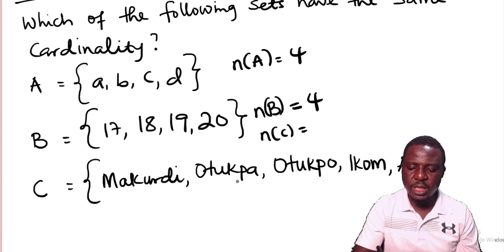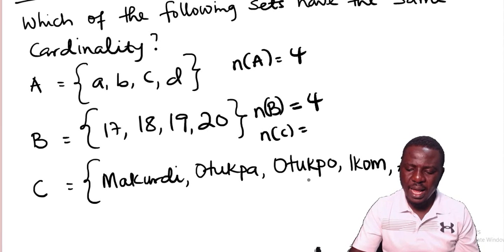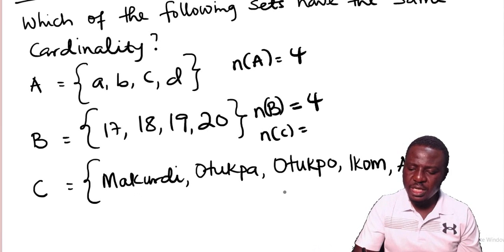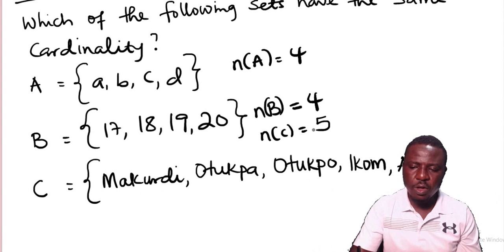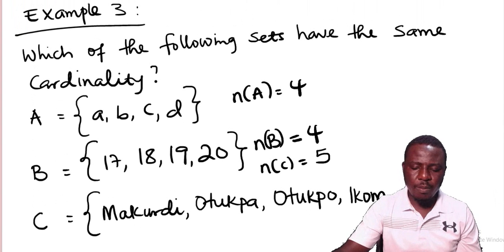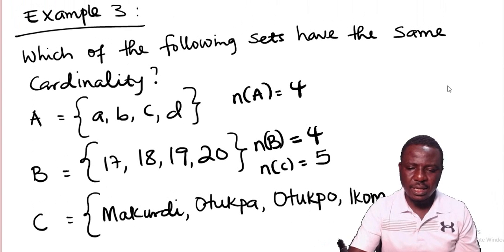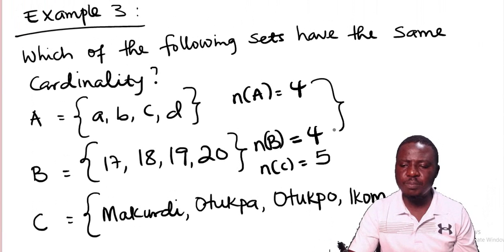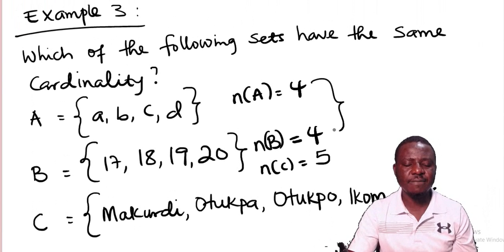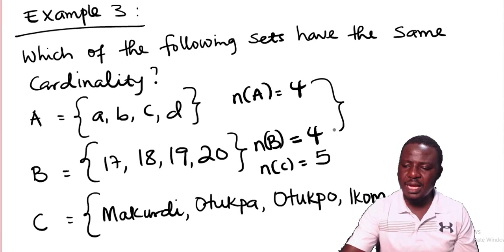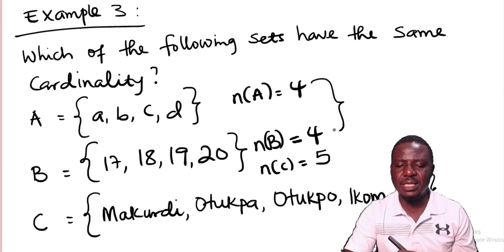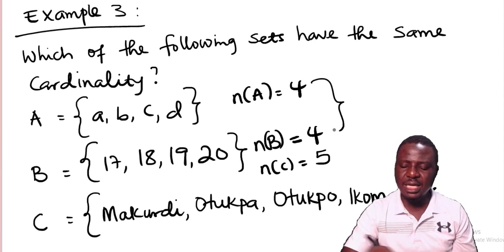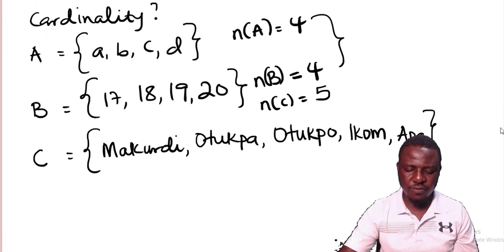C also has Makurdi, Otukpo, Otupa, Ikom, and Apa. n of C is 5. So by this, n of A and n of B are equal. They have the same cardinality. So A has the same cardinality as B and differs from C.